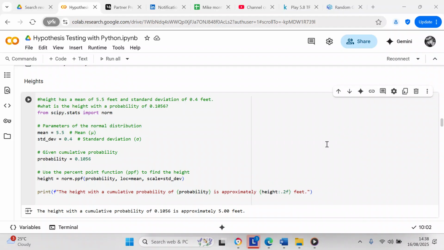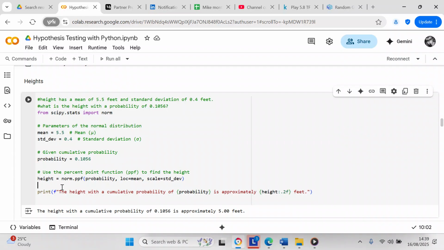And then we're going to give a cumulative probability. So probability is 0.1056. We're going to use the percent point function to find the height. So height equals norm, that's normal distribution, dot ppf, that's percent point function, brackets, probability of 0.1056, comma, loc is your mean of 5.5, comma, scale is the standard deviation of 0.4.